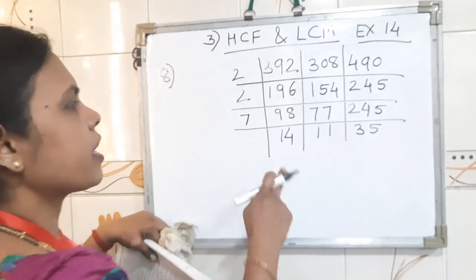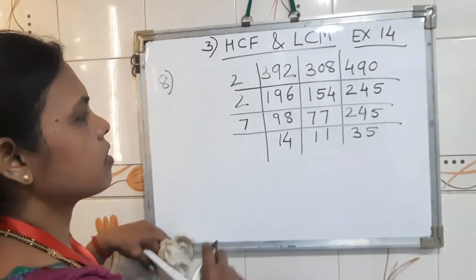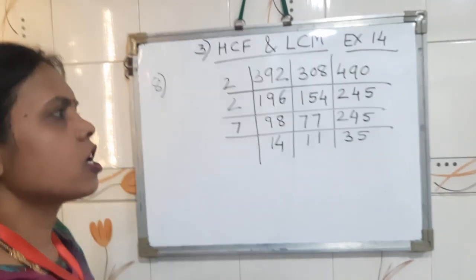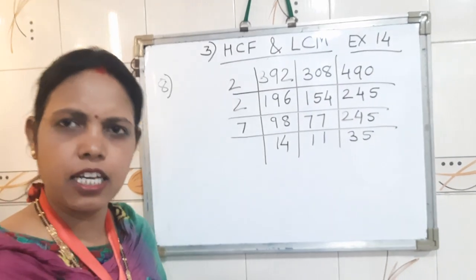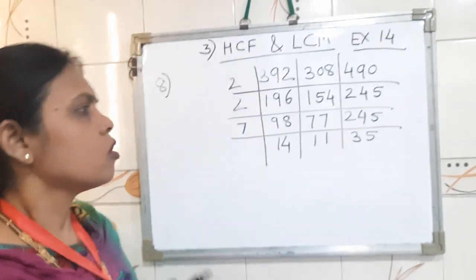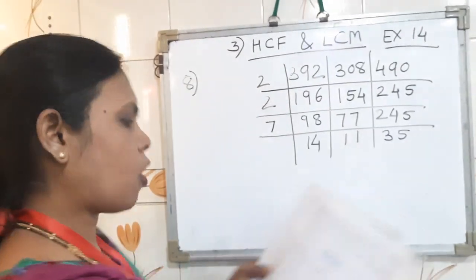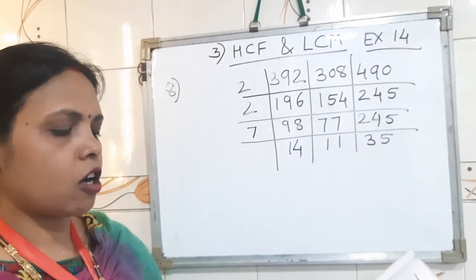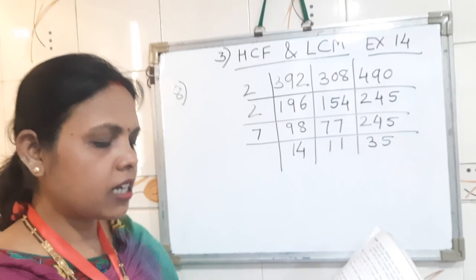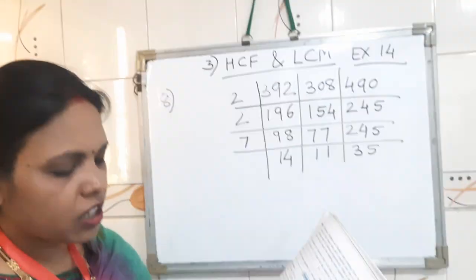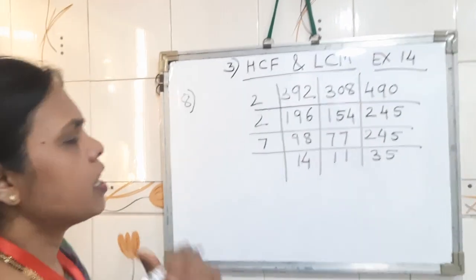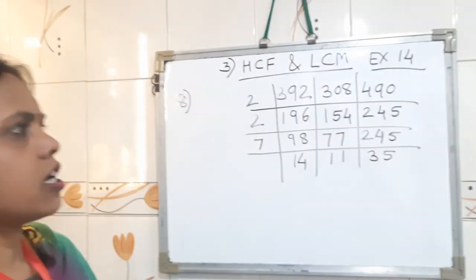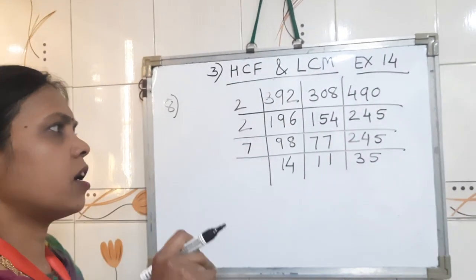Then again by which number will we divide? As we know 14, 11 and 35 will not be divided by any number. That's why we keep all the numbers the same. Now what is the greatest length of string that the bundles can be cut into without any leftover string? Now here children, what did we do? We find that type of number.